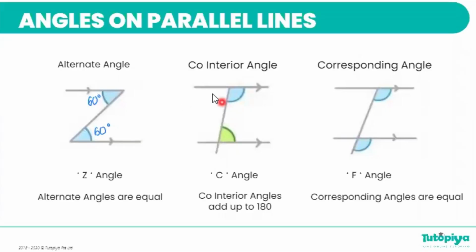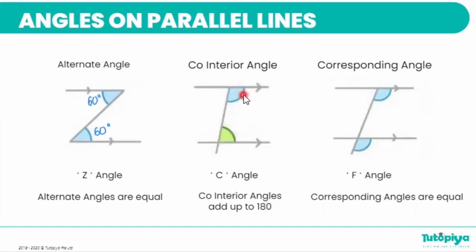Similarly, if we again have two separate parallel lines connected by a line between them, then the angles that we find between these lines form a C shape. We call these co-interior angles. The relationship between our co-interior angles is that they're always going to add up to 180 degrees.